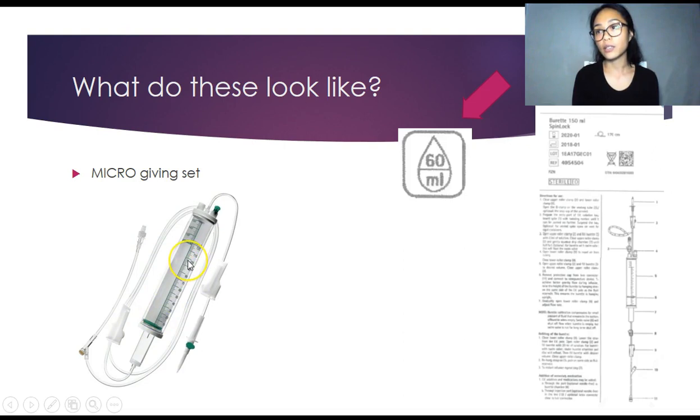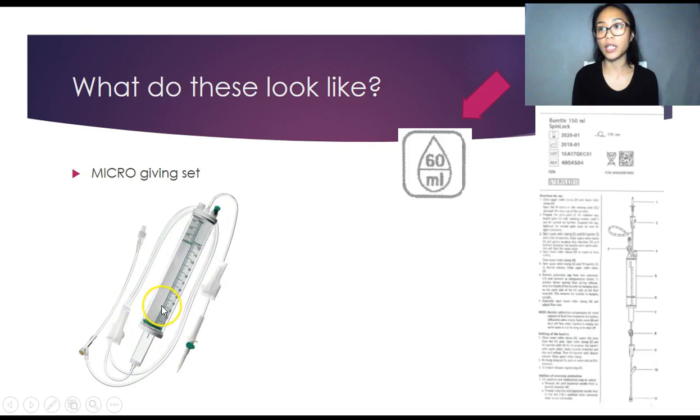It also allows for IV medications to be injected into this port and mixed into the burette. So just think micro giving set, there is something called a burette. I can accurately see how many mils is in there, how much I'm giving at one time, and I can mix medications into this burette.